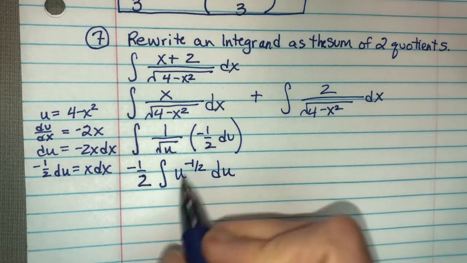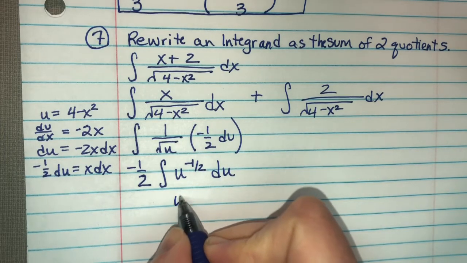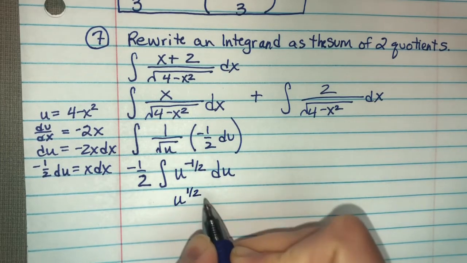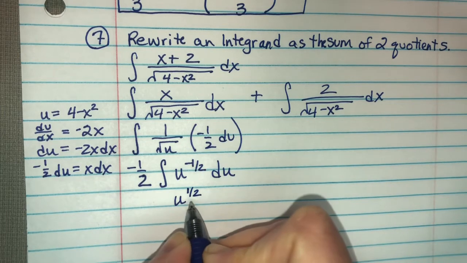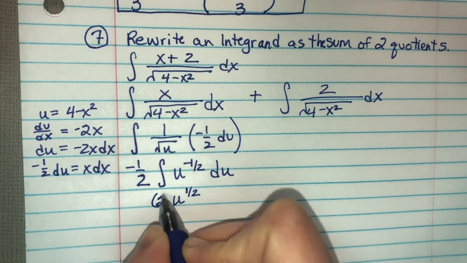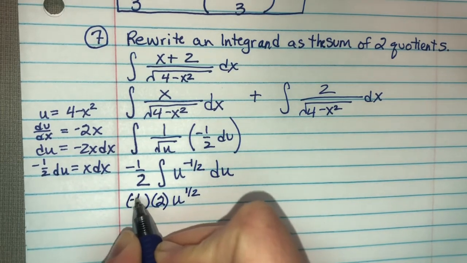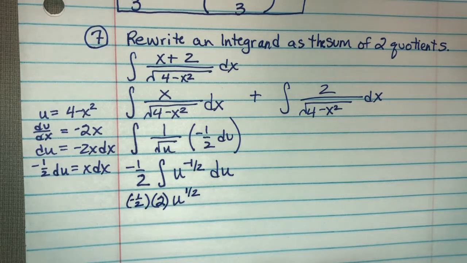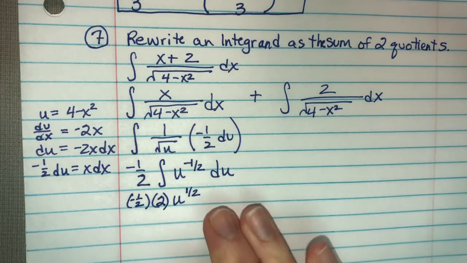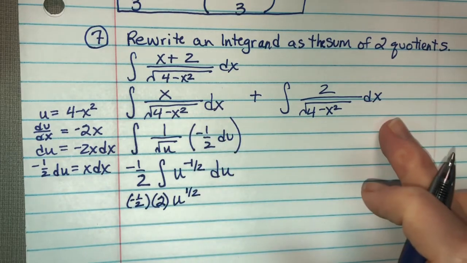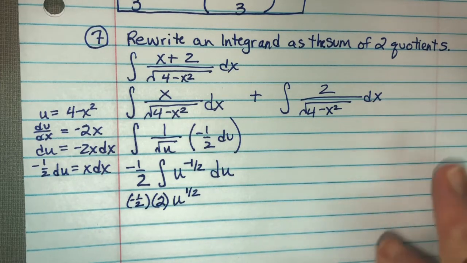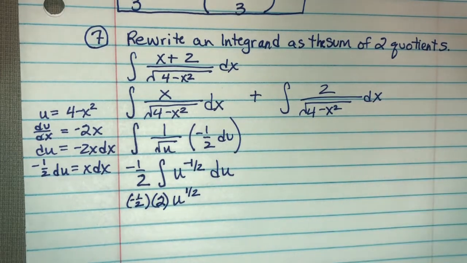So add 1 to my power, that's going to be u to the positive 1/2, multiply by the reciprocal of my new power, so that's 2, and that does multiply by the negative 1/2 I already had. And then we would have the plus c, but remember this is all together as one integral, so I'm just going to put 1 plus c at the very end.